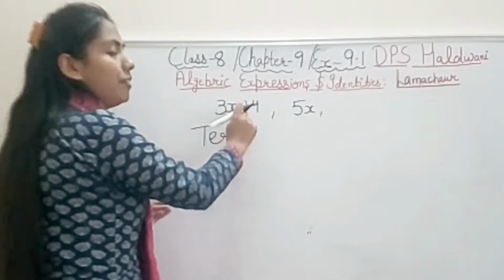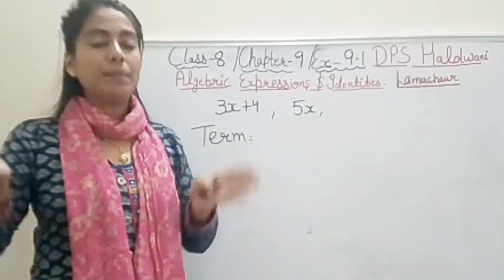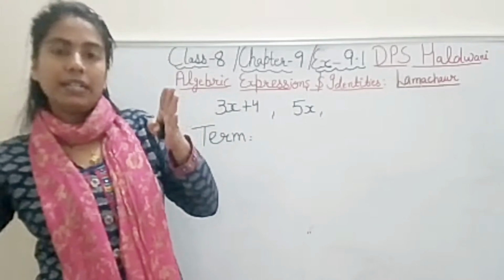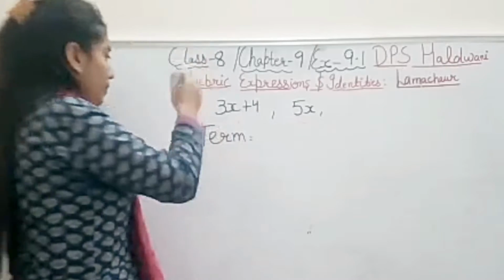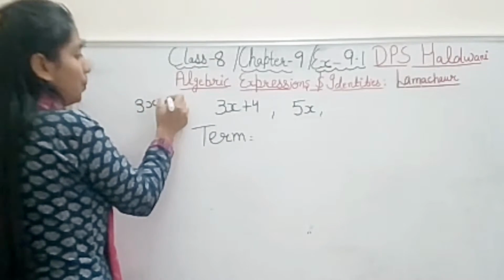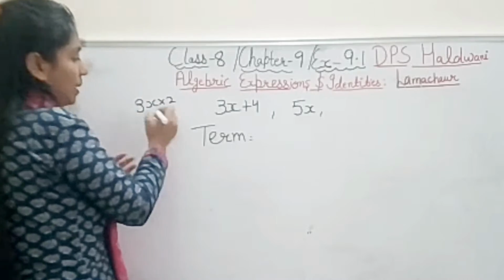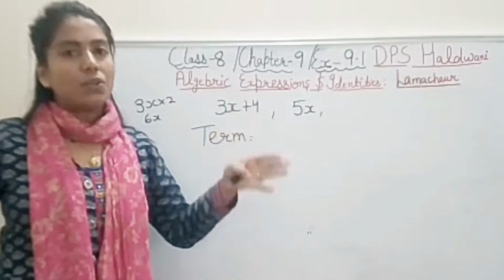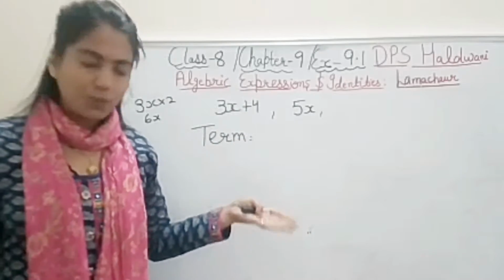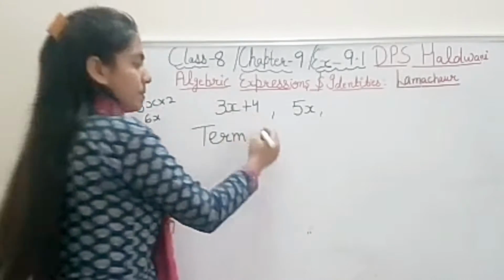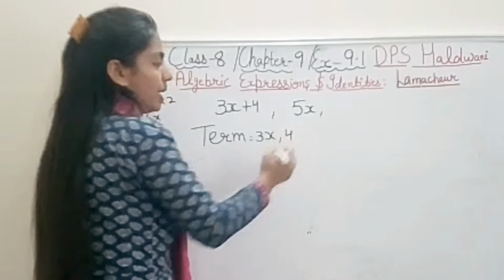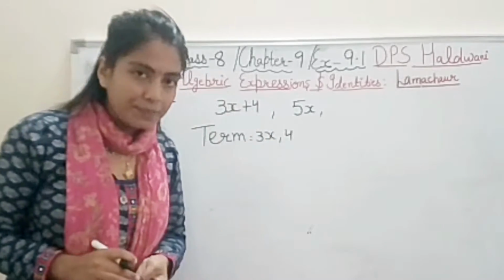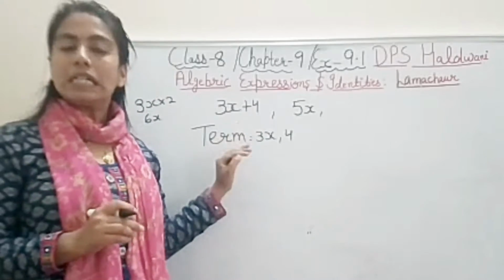Whenever there is a plus or minus sign, it distinguishes the terms. 3x is one term and 4 is another term. If there is 3x into 2, that is 6x, so it is one term only. So whenever there is a plus or minus, it distinguishes the terms. In 3x plus 4 we have two terms, and in 5x we have only one term. I hope you got what a term is.